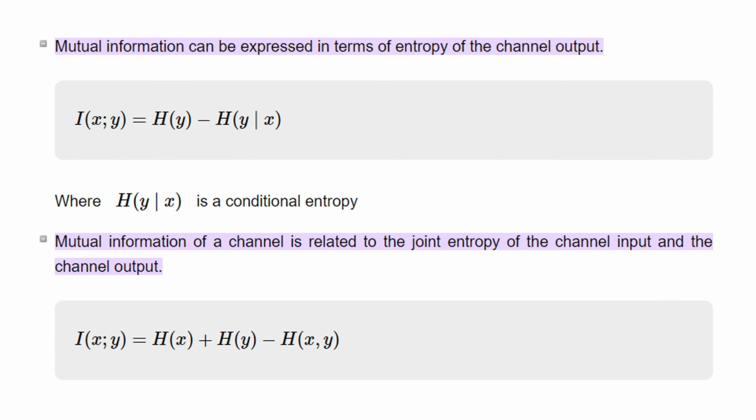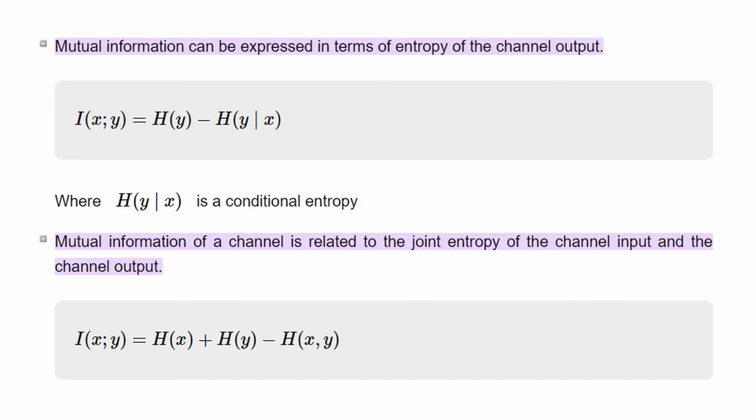Mutual information can also be expressed in terms of the entropy of the channel output, which is given by I(x, y) = H(y), which is the entropy of y, minus H(y given x), which is the conditional entropy. The fourth property of mutual information of a channel is related to the joint entropy of the channel input and channel output.